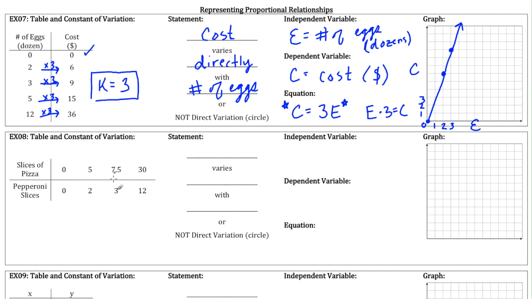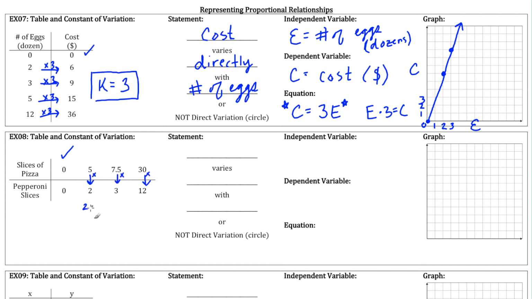Let's look at this next one. Sometimes you'll get these horizontal tables, but you still treat them the same way, essentially. So 0, 0, that one's good. Now, drawing in the arrows helps me figure out which way I need to divide. Since we're going from 5 to 2, I'm trying to figure out what I'm multiplying by. Then I'm going to have to divide going backwards.